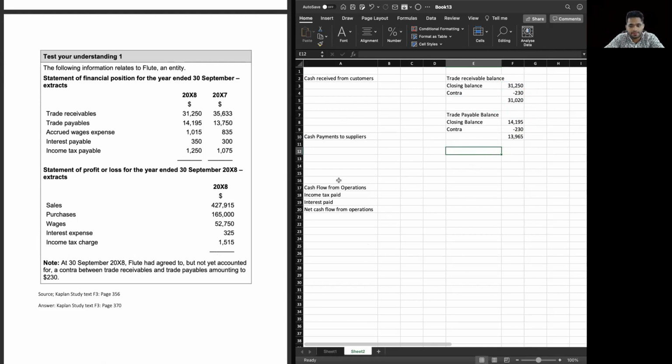Now to the sales. My sales is 427,915. So this is to calculate the cash received from customers.